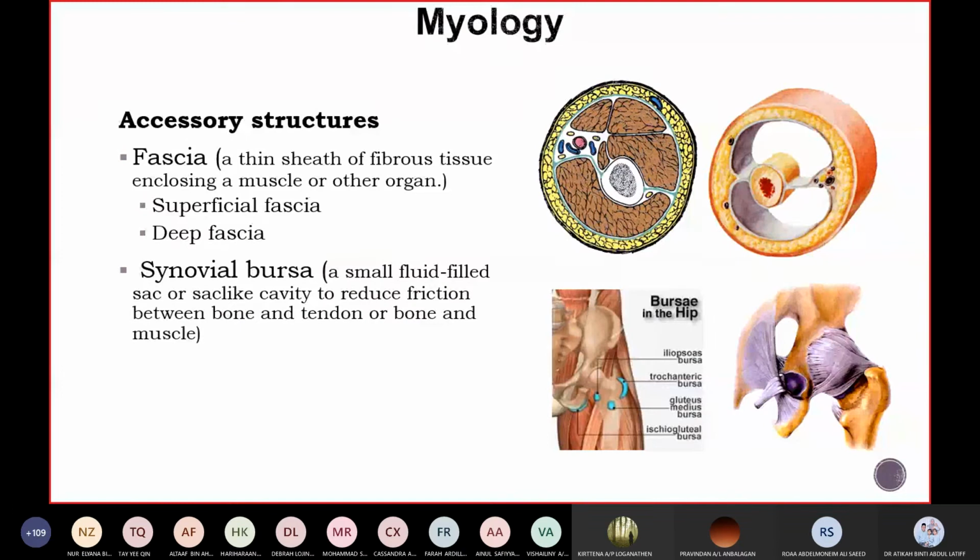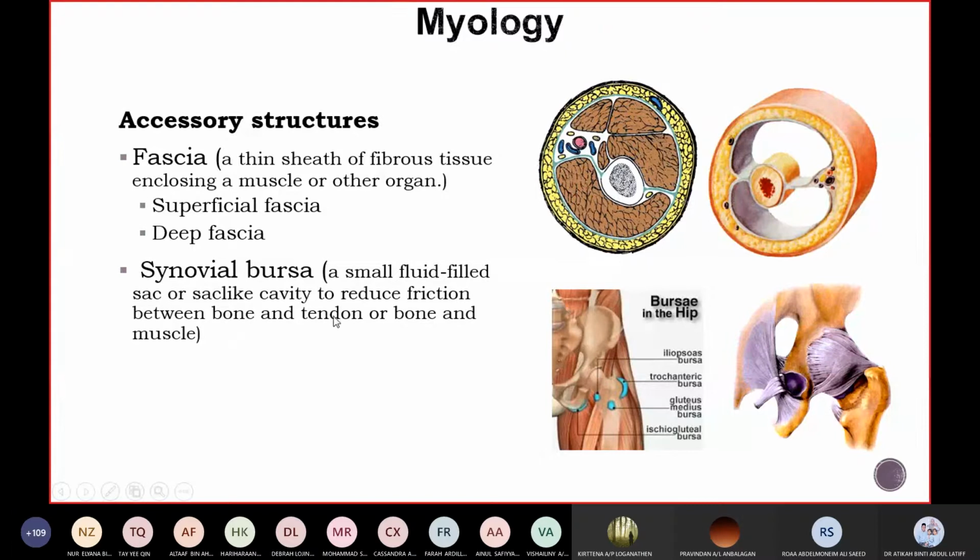Next, close by to the muscle, we have accessory structures or other structures. Remember my osteology lectures or joint lectures as well. We have other structures apart from the bone or the joints themselves, right?